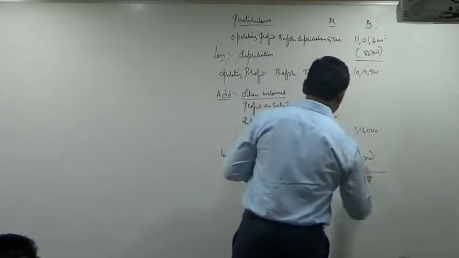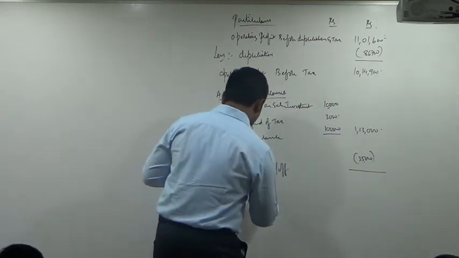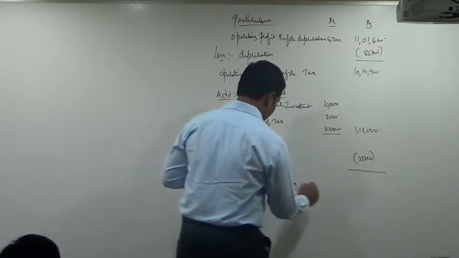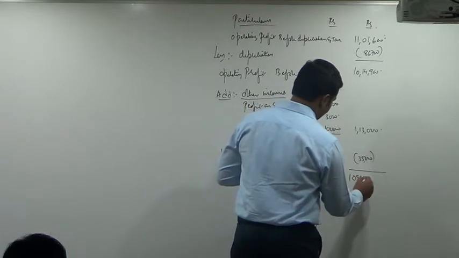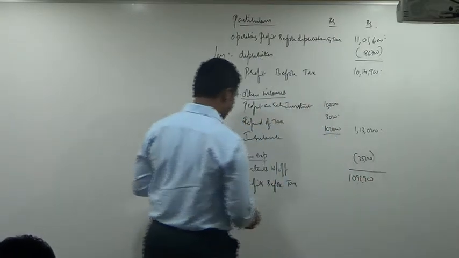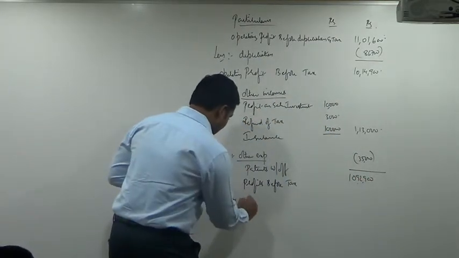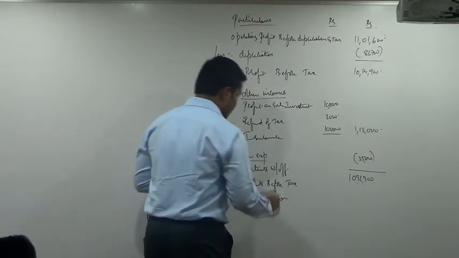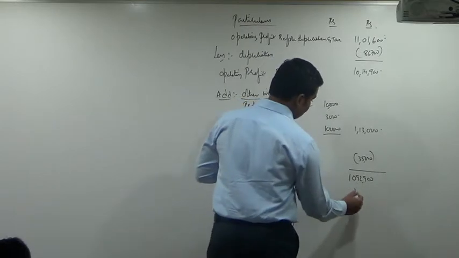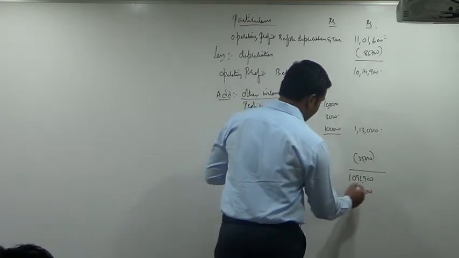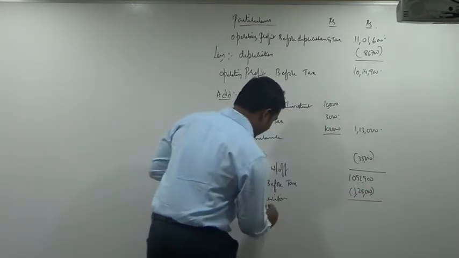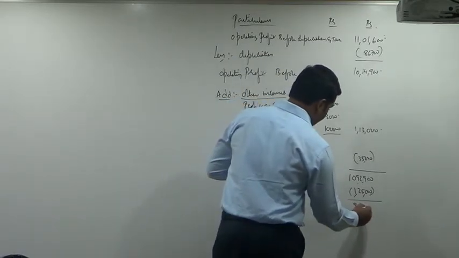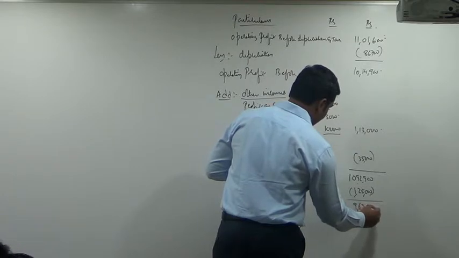So now you will get profits before tax 10,92,900, less tax provision. How much is the tax provision? 1,25,000. Profit after tax 9,67,900.